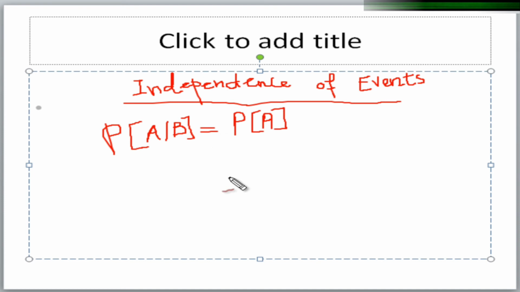So let me give you an example. What is the probability that it is raining today, given the azan? Is it possible that the probability of the azan, or taking the name of Allah subhanahu wa ta'ala, at any instant of time will change with any event?